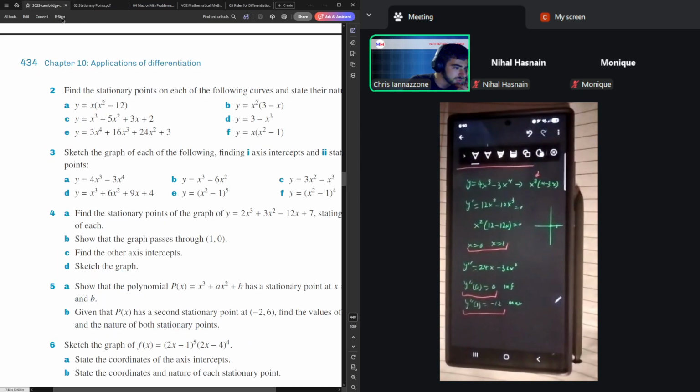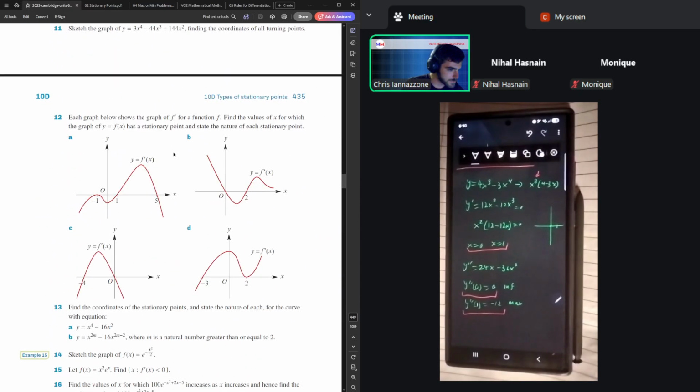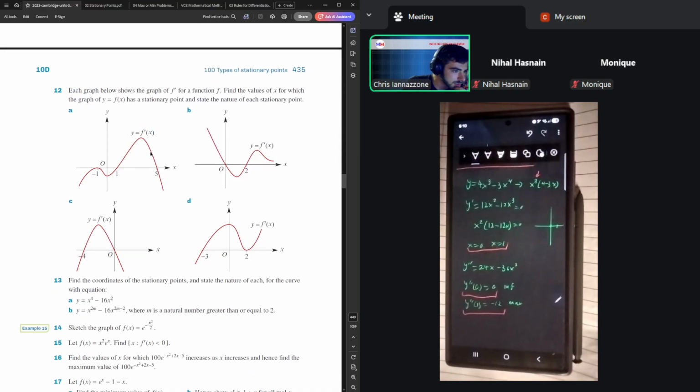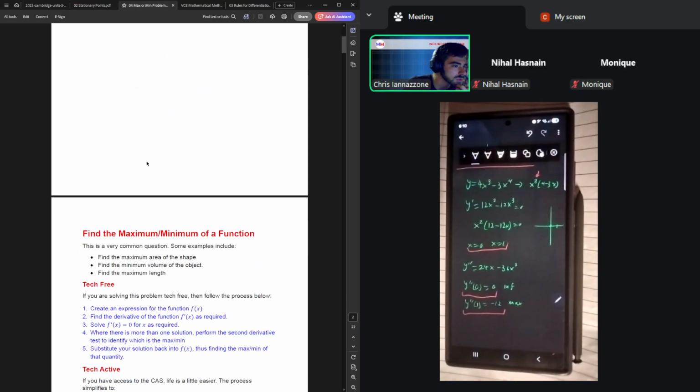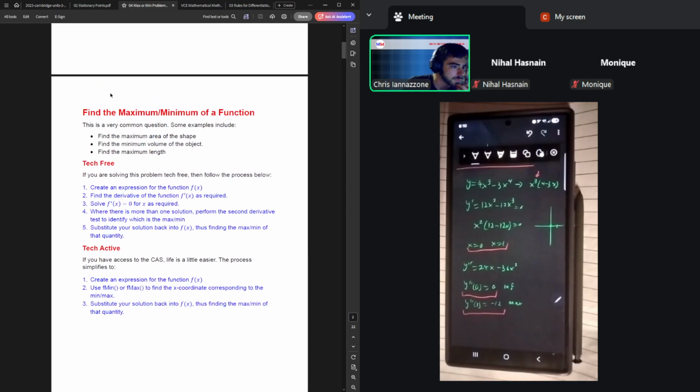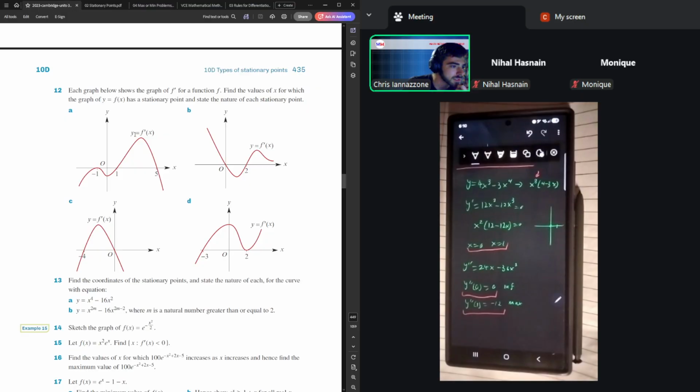That is the nature of stationary points. There is another example of looking at the derivative graph instead. Actually, we do have a fair bit of time left, because I was going to touch on the max and min things that show up a lot in the exams, but I think we've got time to go through one of these as well.